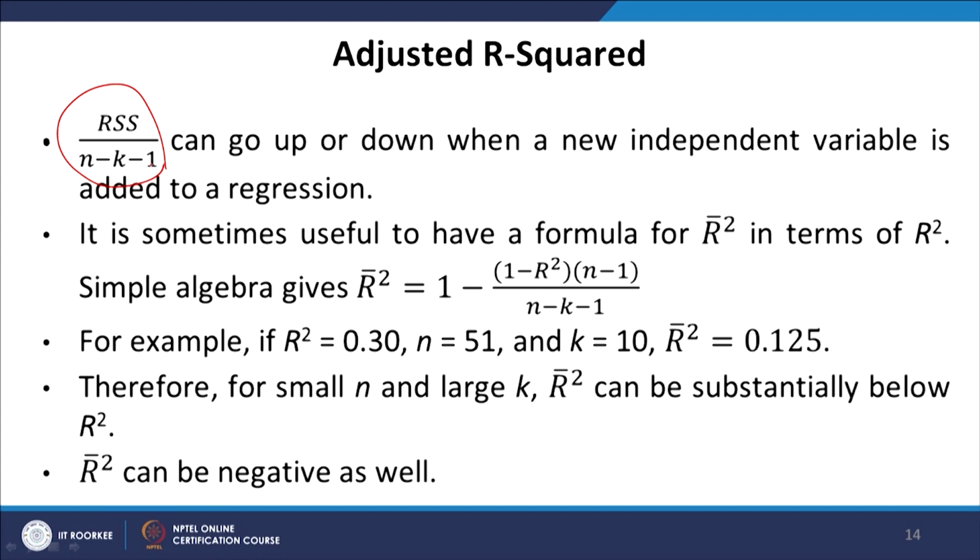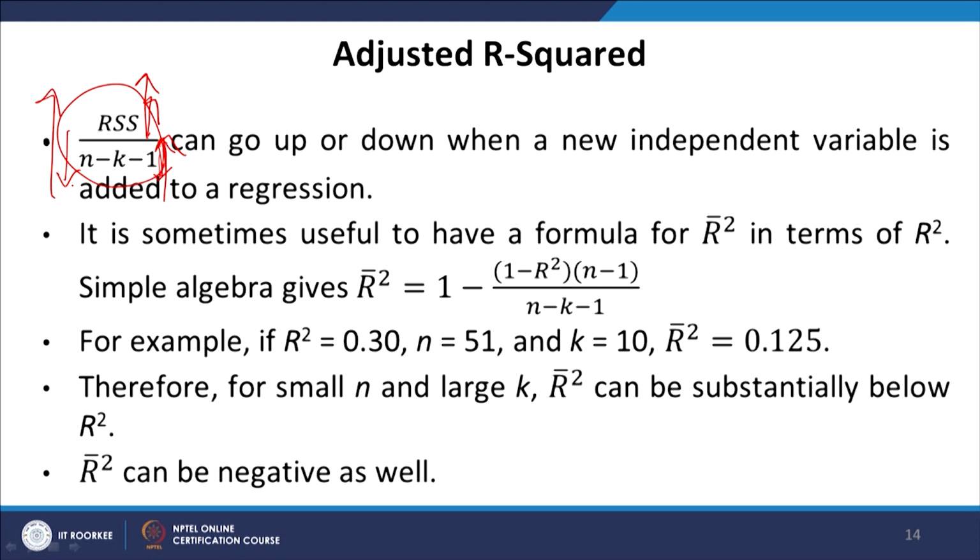So, if the decrease in RSS because of the addition of a new variable is less than the decrease in n minus k minus 1, then of course, the entire thing will go up. If the decrease in RSS is more than the decrease in n minus k minus 1, then the entire thing will go down.